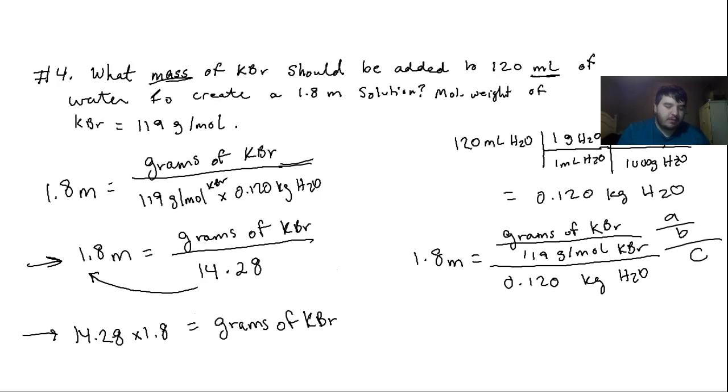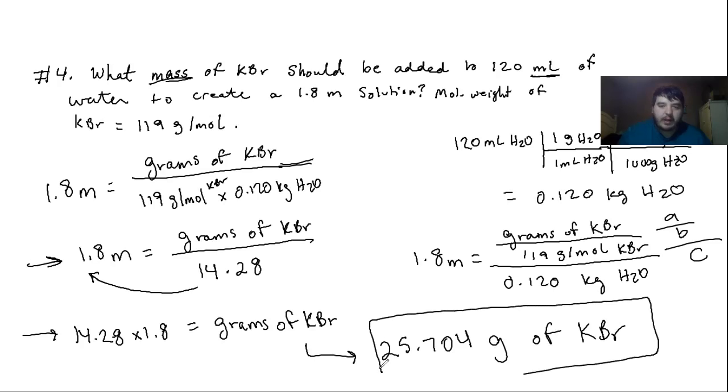Taking 14.28 times 1.8, we get a final answer of 25.704 grams of potassium bromide. So basically, we're going to need 25.704 grams of potassium bromide added to 120 milliliters of water to create a 1.8 molality solution. And that's basically it for this problem.